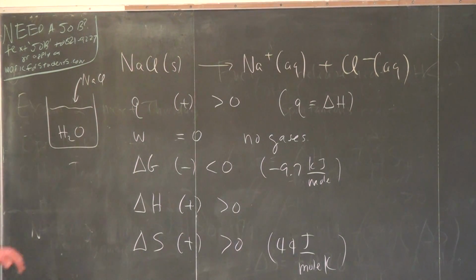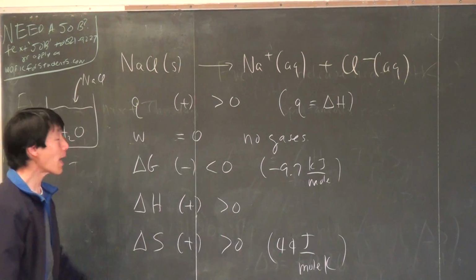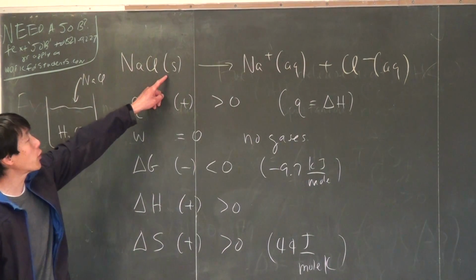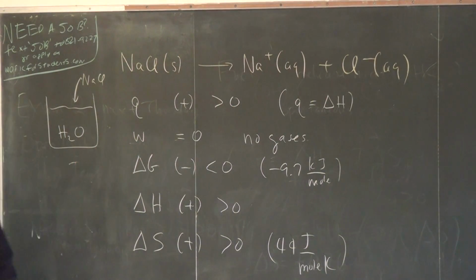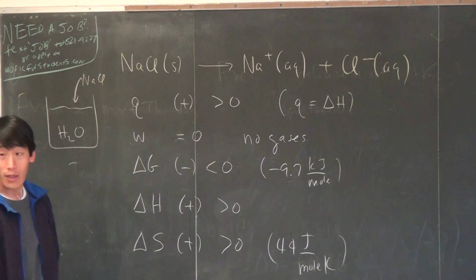So note that if you're producing more products than the reactants you have, it's getting more disorder. That means the delta S is going to be greater than 0. Note the other thing is we're going from a solid state to a solution. So what's going to be more disordered, a solution or a solid? Yeah, a solution is going to be more disordered. So that also tells us that delta S should be greater than 0 too.